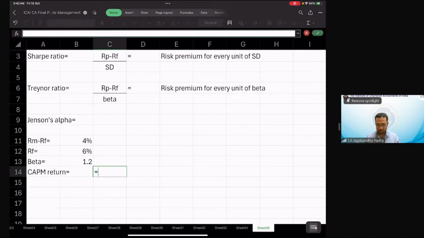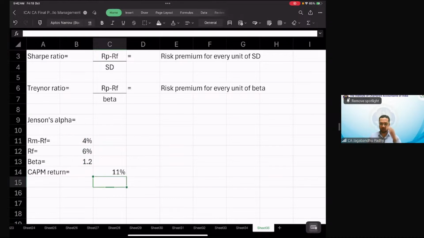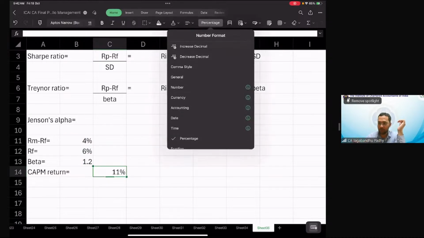10.8%. Okay, so it's 6% plus 1.2 into the market risk premium. Risk-free plus beta into RM minus RF. So that's 10.8%, right?